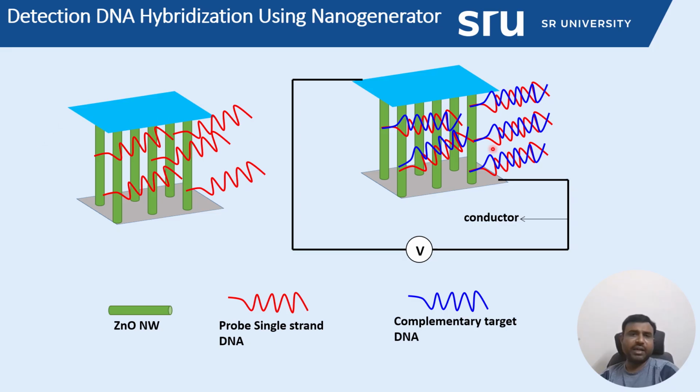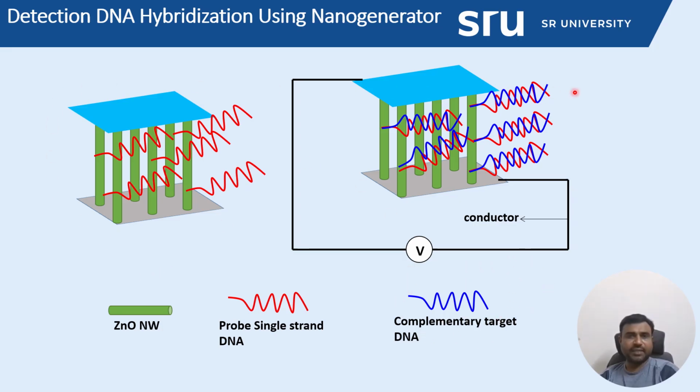So we need further in-depth research and development to effectively distinguish mismatch target DNA, which is highly important. We need more detailed research to establish effective detection of mismatch target DNA sequences.